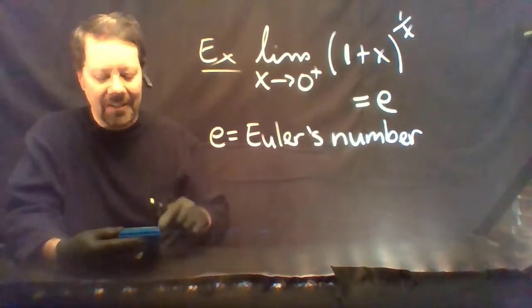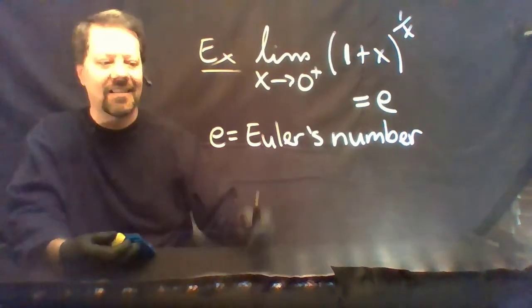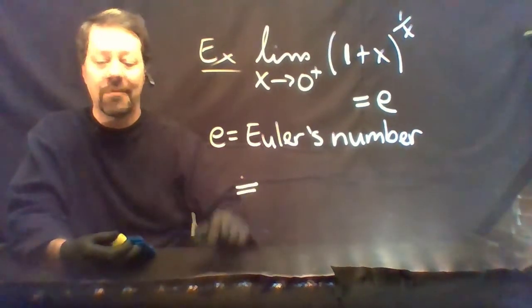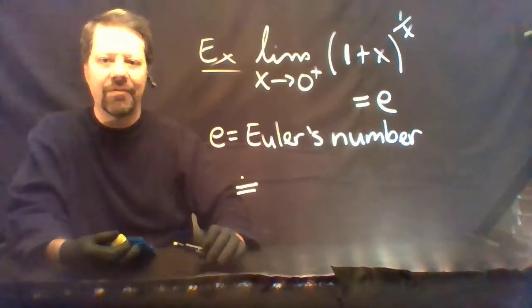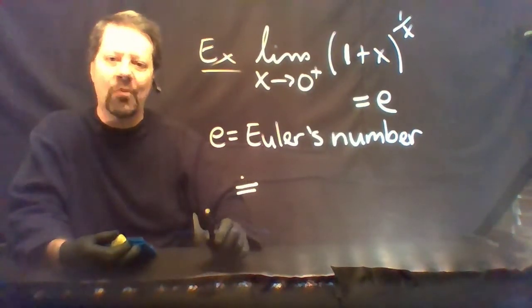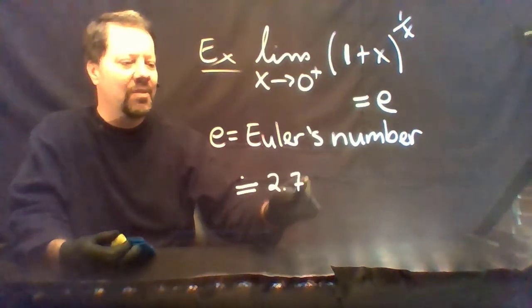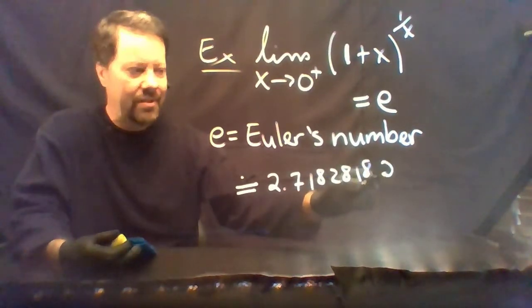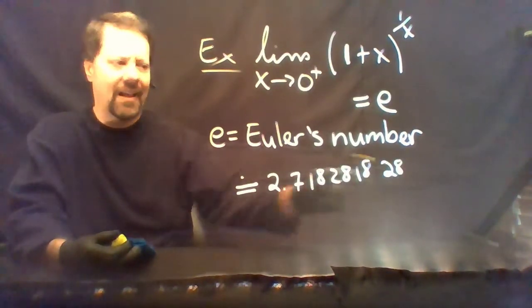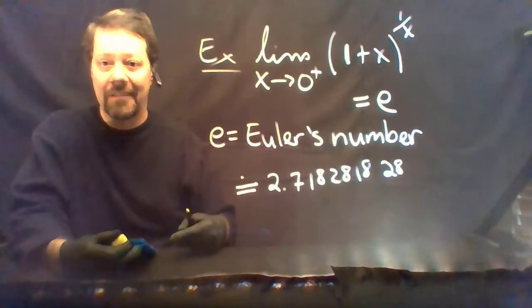You can calculate this number by calculating e to the power of 1. My calculator gives me a decimal approximation. When I write a dot over an equal sign, I mean that I'm rounding to some decimal place accuracy. 2.718281828, and we'll just stop there because that's all that my calculator gives me.